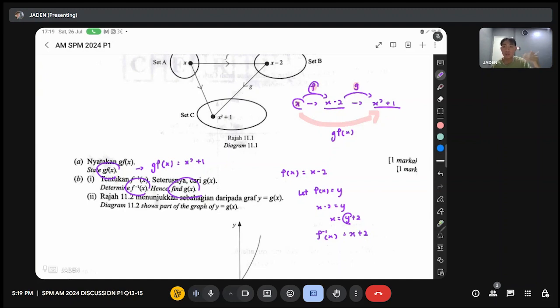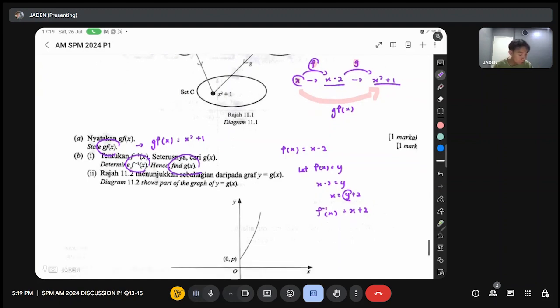How do you actually get your g? I'm going to give you another concept here. You must understand this. When a normal f and f inverse meet together, we can cancel them. So if you notice just now, we have gfx. If I replace the x with f inverse, the answer that I get will be gx.